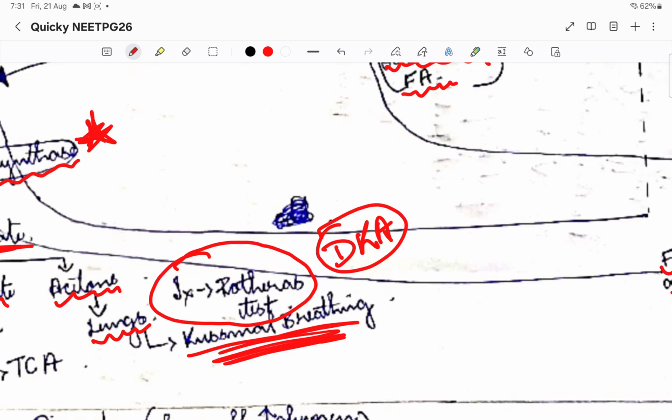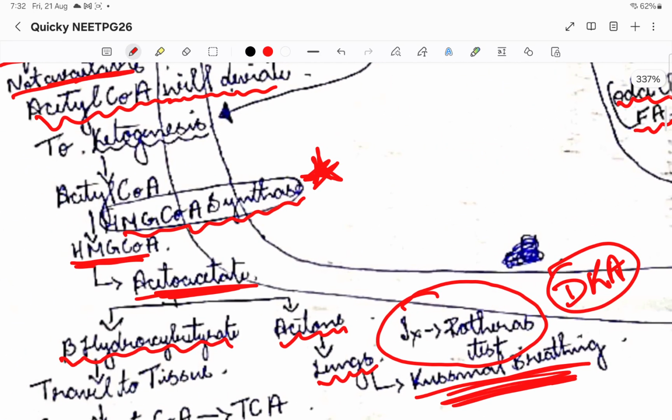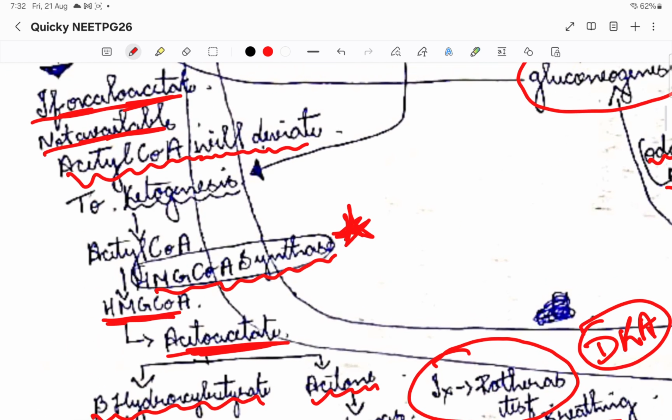It will store into fats. So the body has to get its energy from somewhere. What will it do? If glucose is not there, oxaloacetate is not there, where will it get its energy from? Acetyl CoA will undergo ketogenesis. That is the main pathogenesis behind diabetic ketoacidosis.